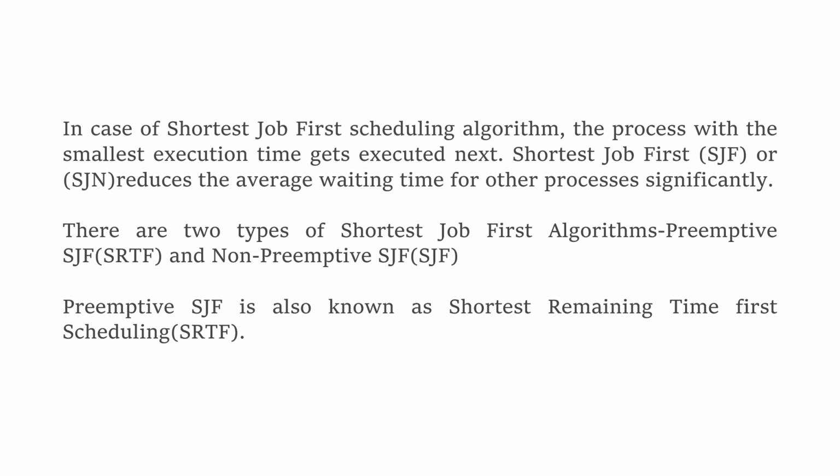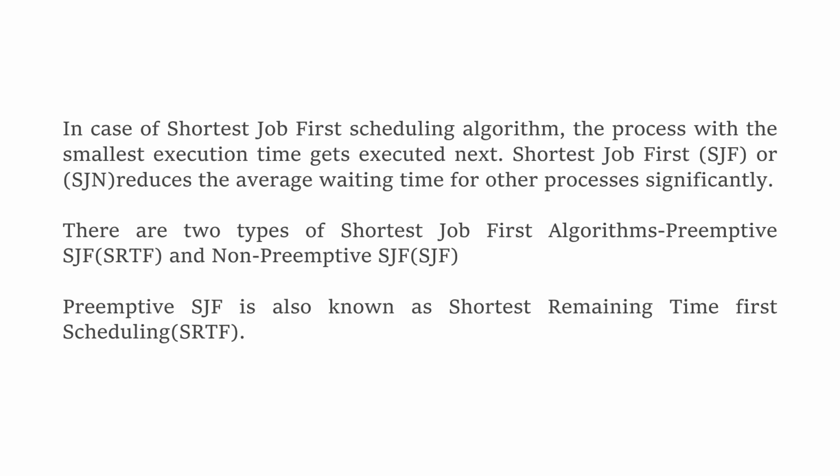There are two types of this SJF. First one is the preemptive SJF and another one is the non-preemptive SJF. In this video we are going to see only the non-preemptive SJF, or simply we can say SJF.